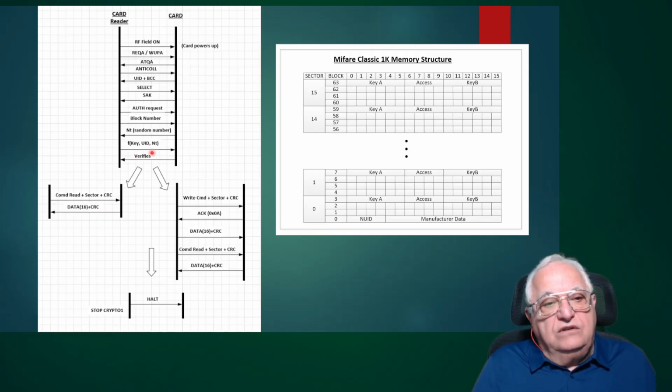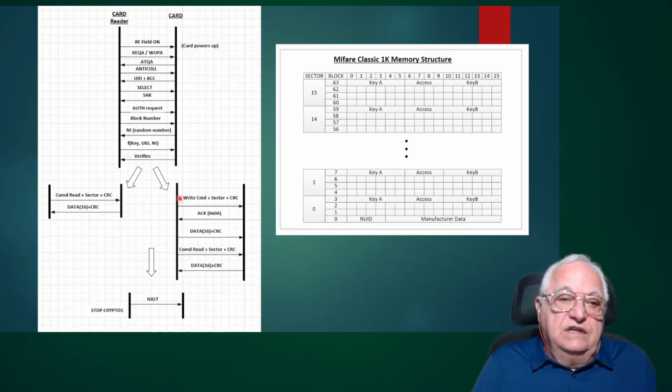Or you can write something into a particular block, in which case you send the write command, sector, and the CRC, and you get an acknowledgement back. At that point, in theory, the data got written.